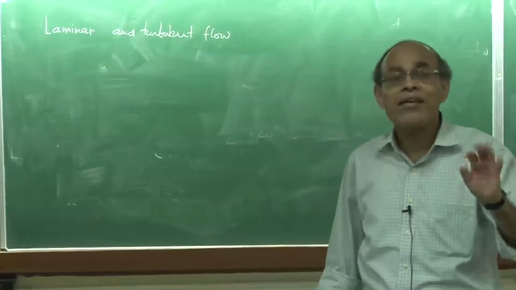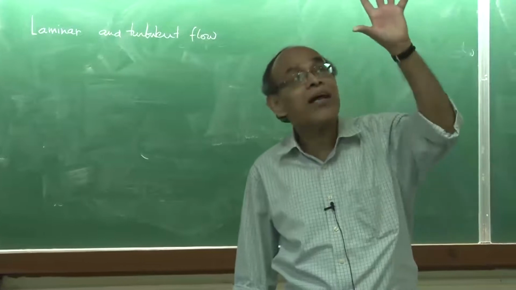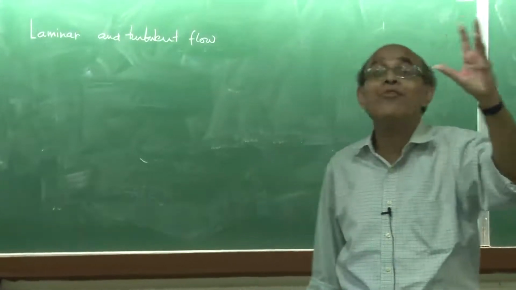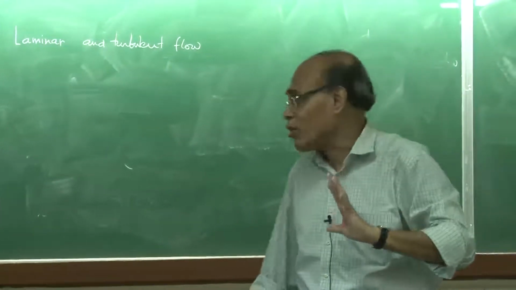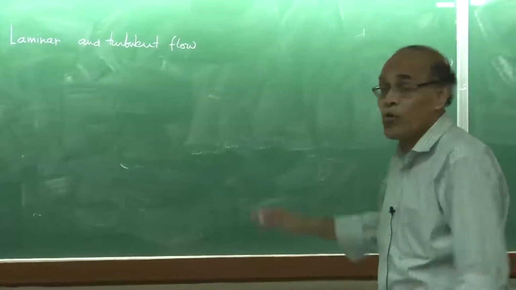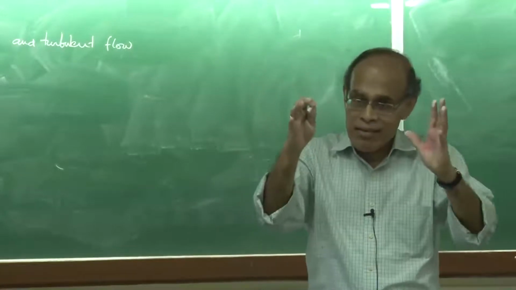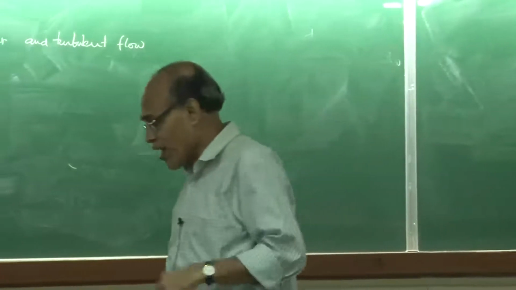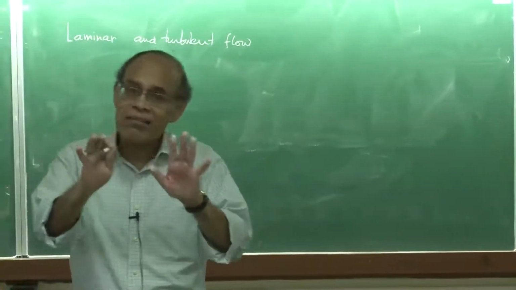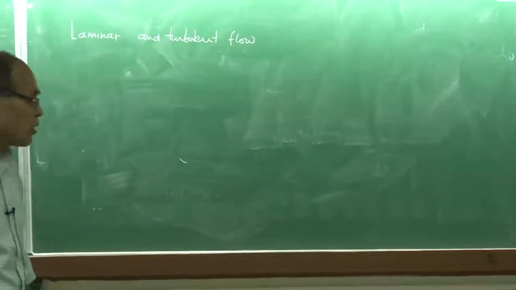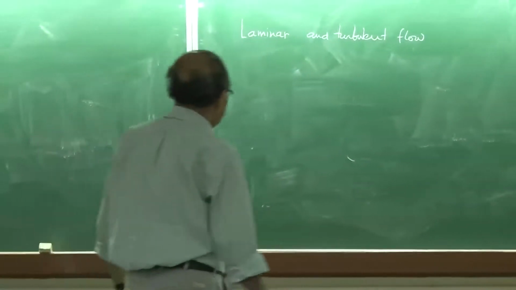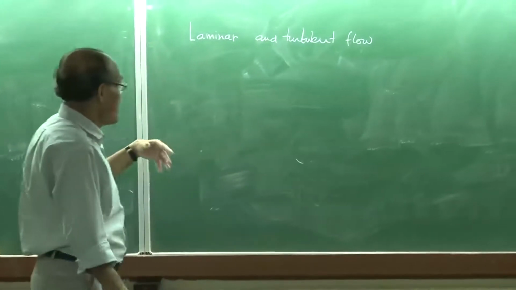I never made the statement that the equations I am writing are valid for laminar flow or valid for turbulent flow. I made no distinction, which essentially means that the Navier-Stokes equation that I have written, the 3 equations of motion and the mass continuity equation, are valid even for turbulent flow. Both turbulent as well as laminar flow.